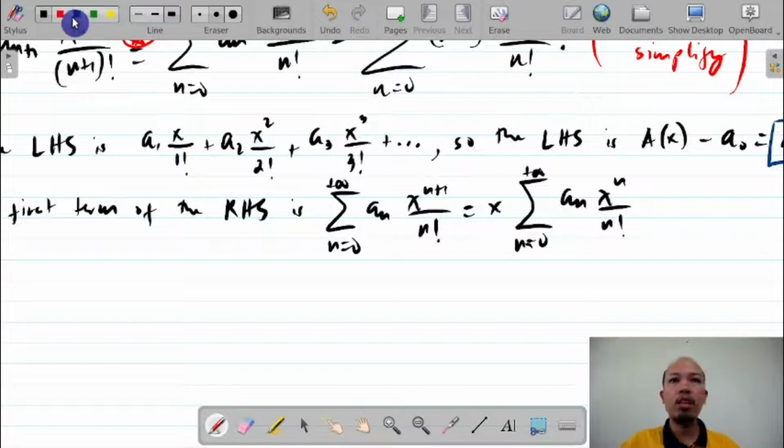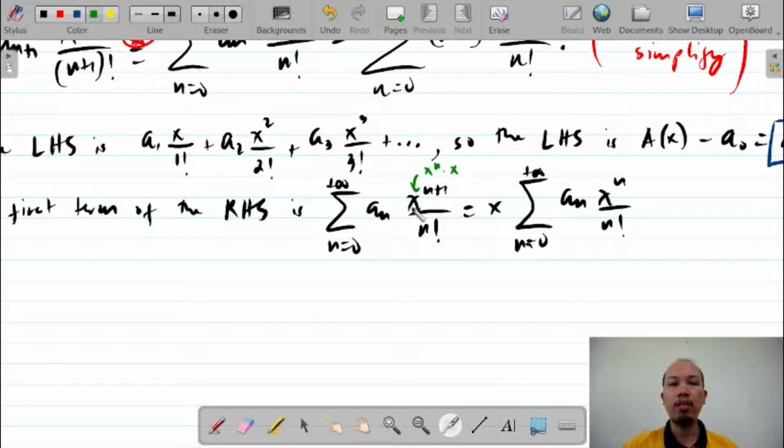I don't know if you get it, this one here, x to the n plus 1 is x to the n times x, so all the summands have the factor x, so you can factor out x in the expression.